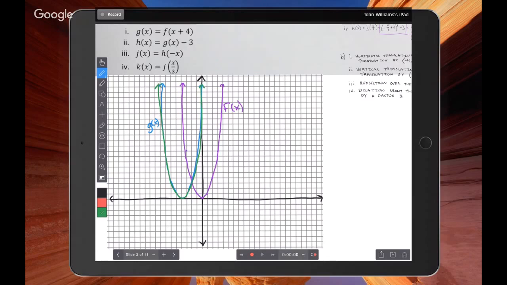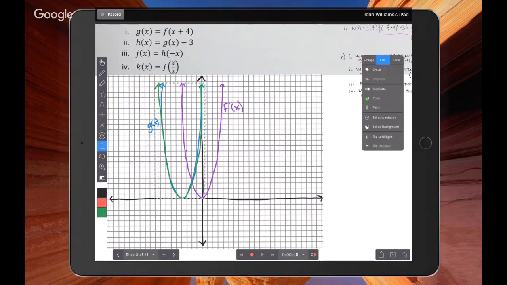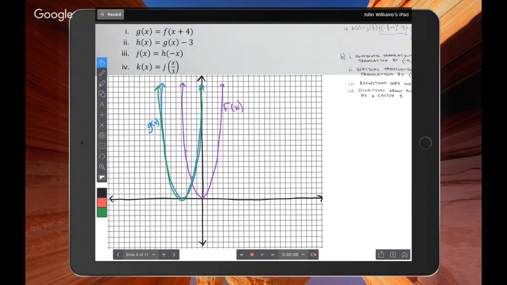And grab it, and pull it down. 1, 2, 3, 4 spaces. Oh, thank you. Down 3. Appreciate it, Oscar. 3 minus 3. Better. Perfect.